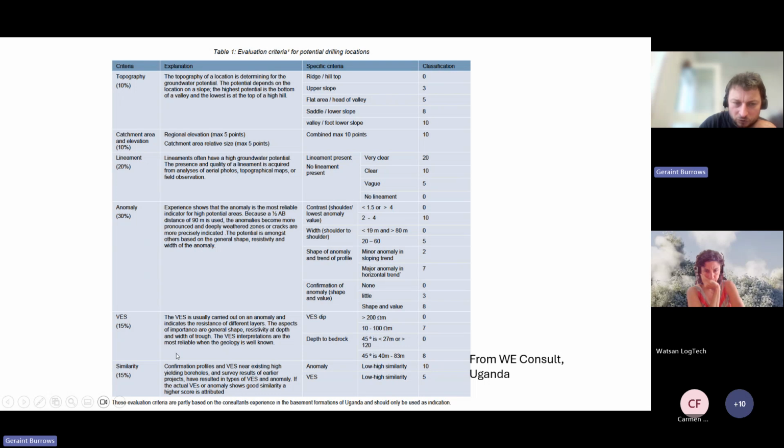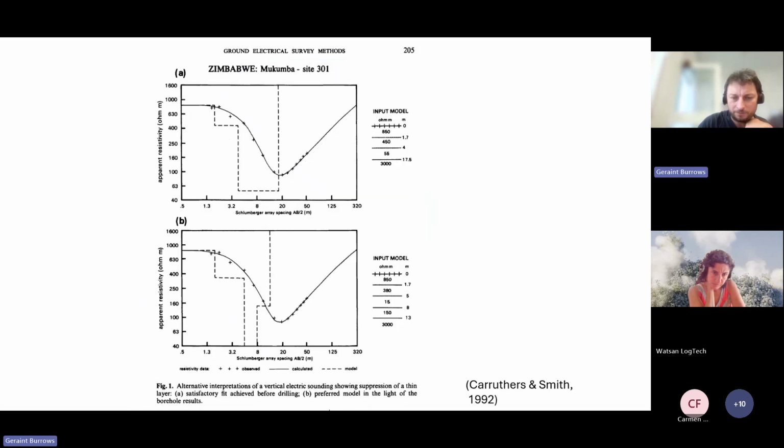And then when you carry out your vertical electrical sounding on the anomaly, the aspects of your VES dip, this is the dip that you're getting here. This is this saddle, as it were, in your reading.